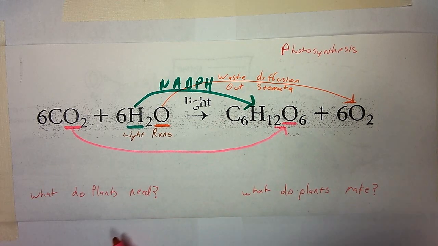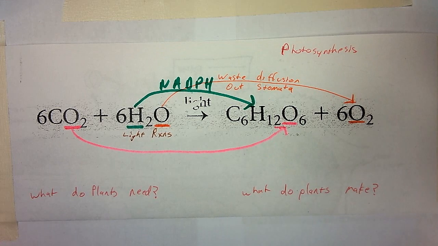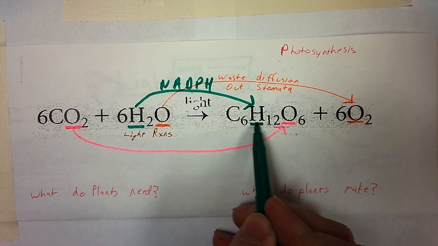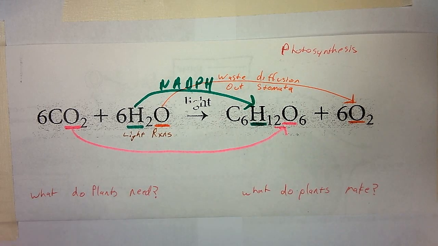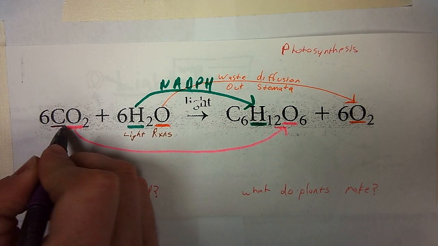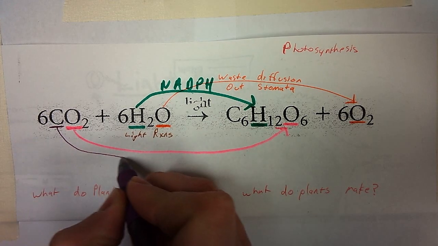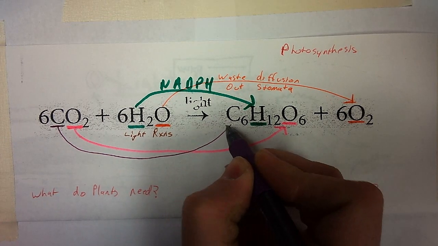And here, let me update my color coding of my last couple transfers to make sure we see everything clearly. And then we've got our carbon that also ends up as part of glucose.